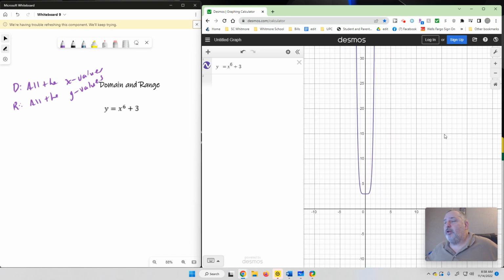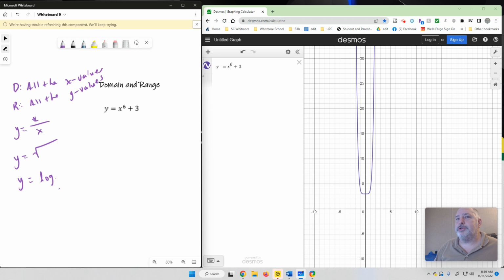Now remember that the domain lists all the possible x values. Well, here's a trick for domain. Unless you see special functions, like y equals something over x, where x is a variable, where you see square roots, where you see logs, which we'll talk about eventually in this course, those are going to be the limiting factors.